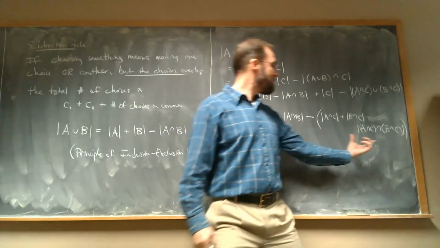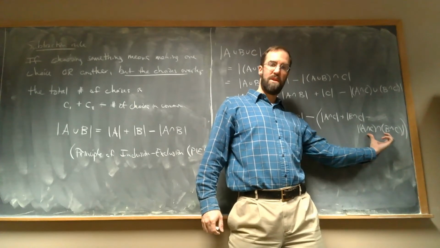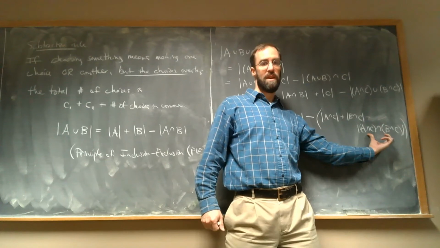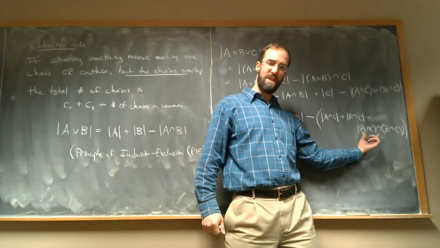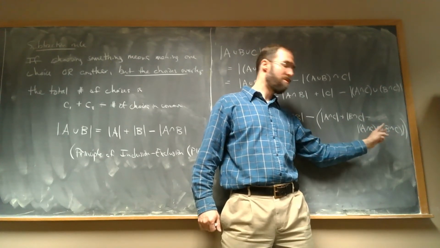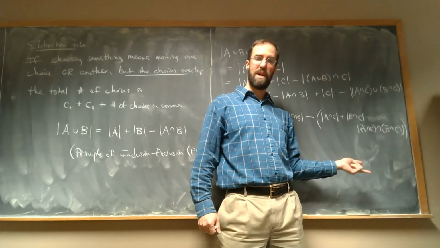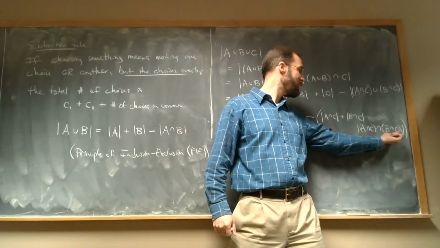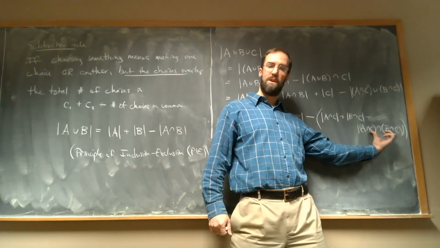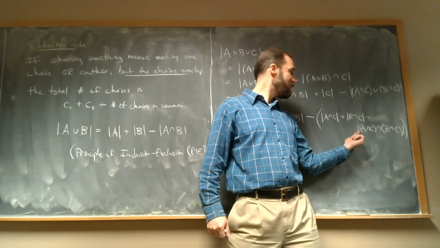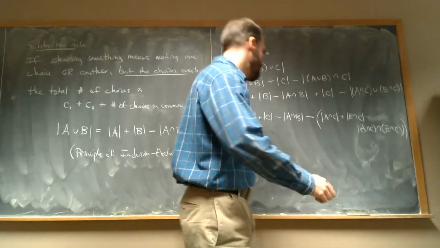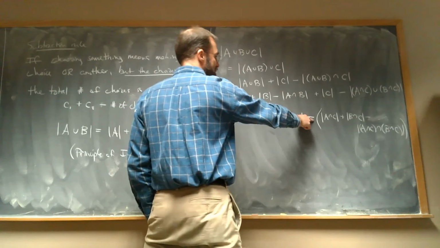And notice here, we can simplify this a lot because set intersection is associative, so we can get rid of the parentheses. It's commutative, so we can switch the order of things around. And then finally, it's idempotent. So in particular, I have a C here and a C here, I'm just doing a bunch of intersections. So C intersect with itself is just C. So I can just get rid of one of the C's and write A intersect B intersect C. And then I'll distribute out this minus.